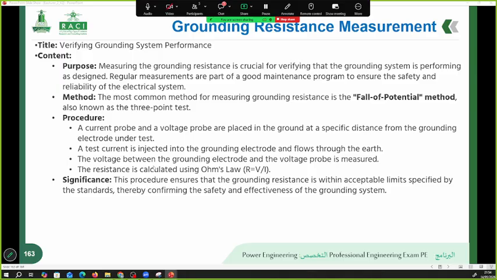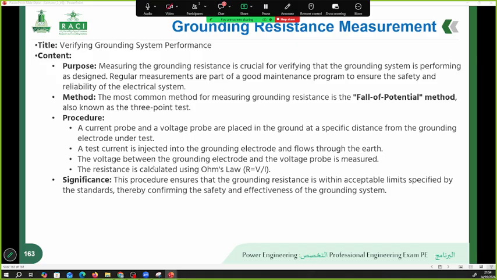This slide focuses on the crucial practice of grounding resistance measurement. A grounding system is only effective if its resistance is low enough to safely dissipate fault current.